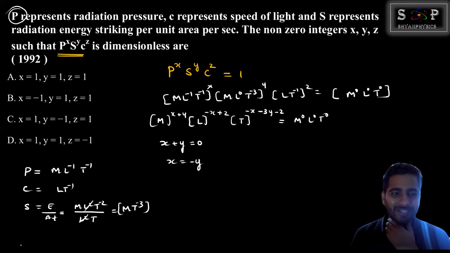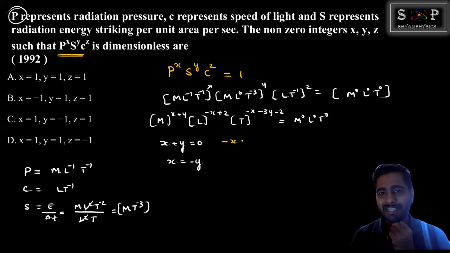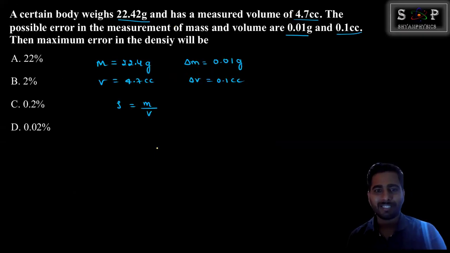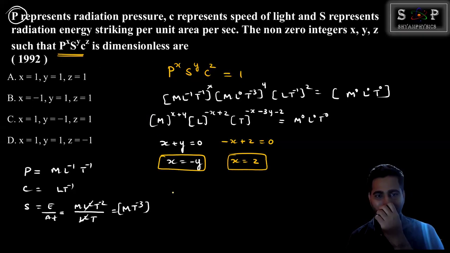Next equation will be minus x plus z is equal to 0, and then x is equal to z. X is equal to z, and the third equation. Equation number 1, equation number 2. I am writing that in our next equation. Next, there is no page, so we will write here itself.